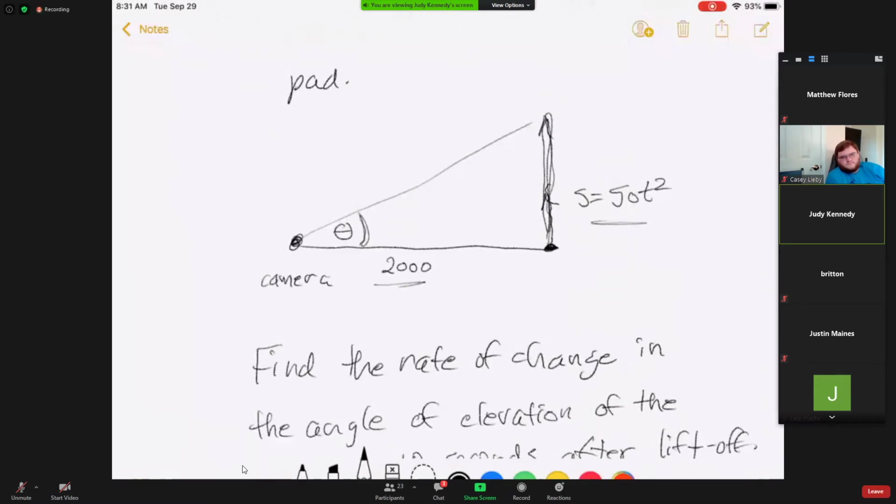If the adjacent side is 2,000 and the opposite side is 50t squared, now I'm going to use the Pythagorean theorem to get the hypotenuse. The length of the hypotenuse is 2,000 squared plus 50t squared squared.